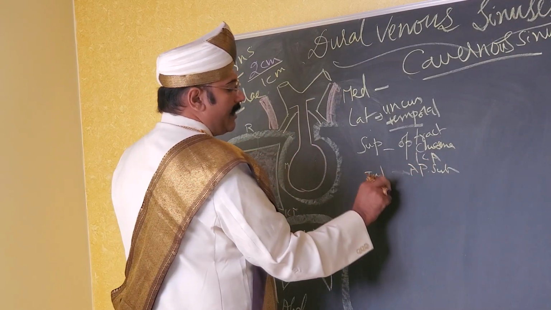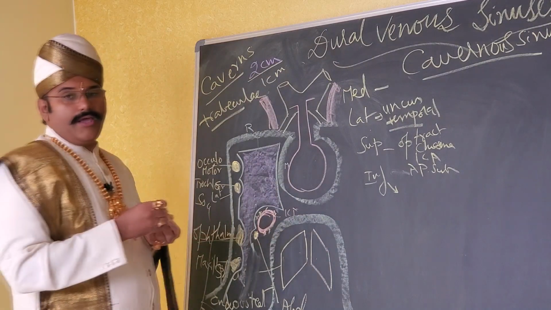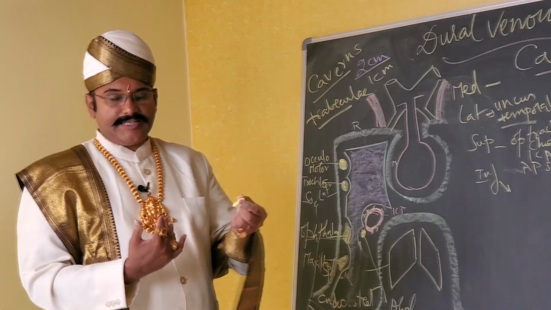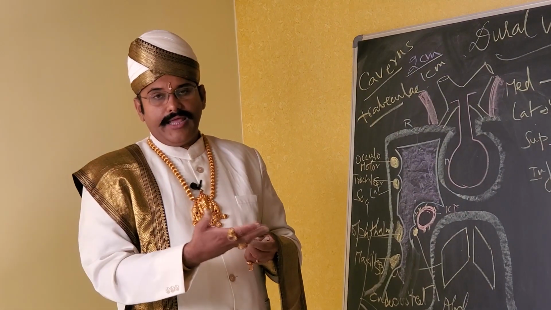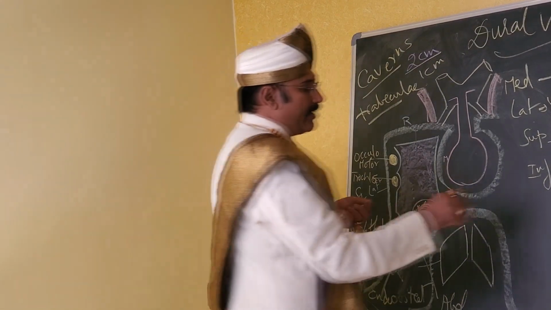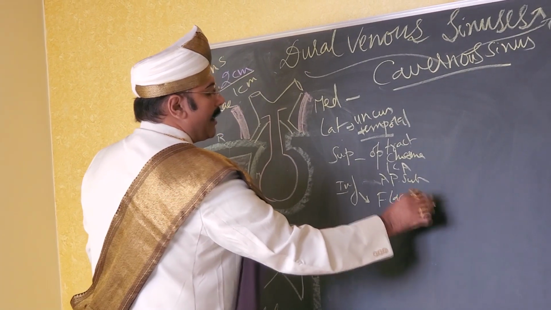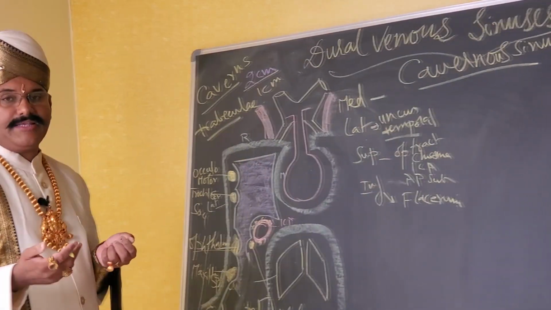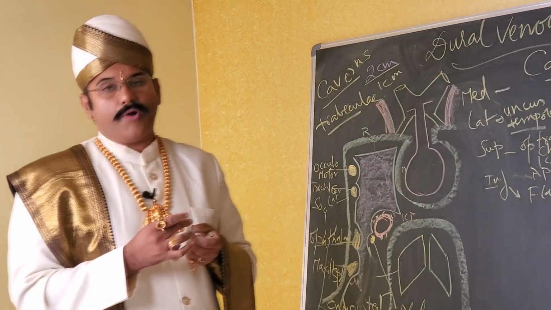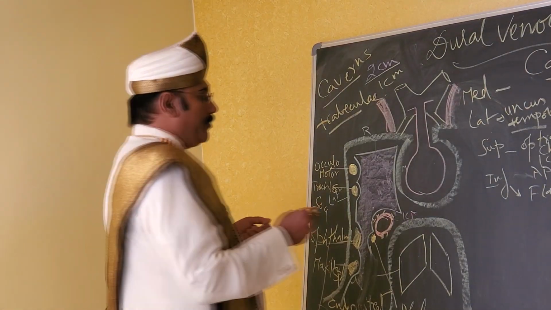Now what do you have inferiorly? Inferiorly you have got the foramen lacerum. Where is this foramen lacerum present? Between the junction of the body and the greater wing of the sphenoid bone.